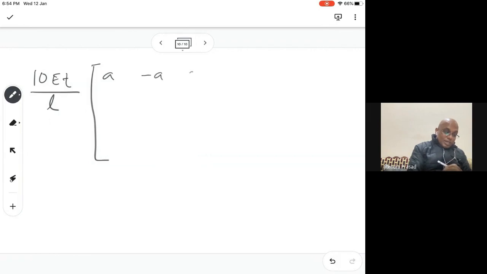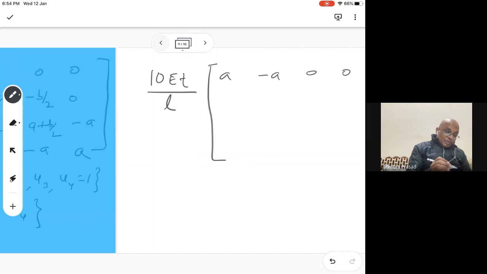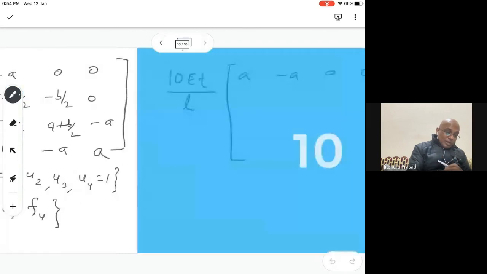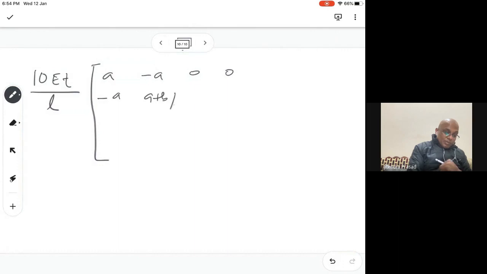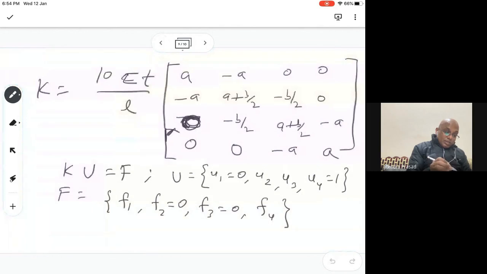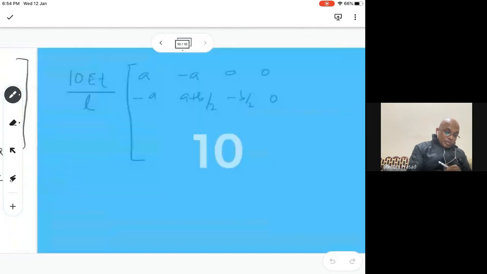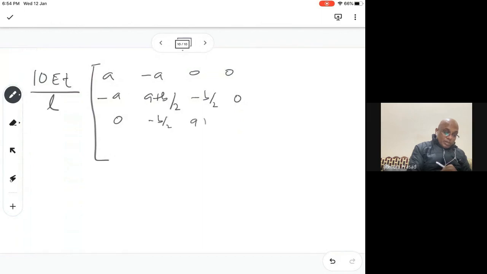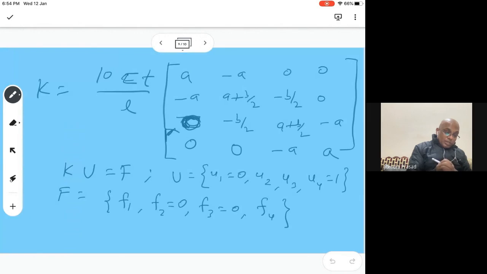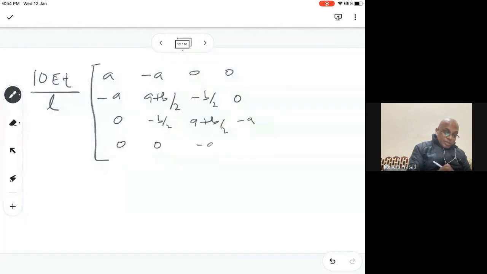A, minus A, 0, 0, minus A plus B, minus B, so minus A plus B over 2, minus B over 2, 0, 0, minus B over 2, 0, minus B over 2, A plus B over 2, minus A, and 0, 0, minus A. So 0, 0, minus A. Multiplied by, you have 0, then you have u2 you don't know, u3 you don't know, then u4 which is equal to 1, right?